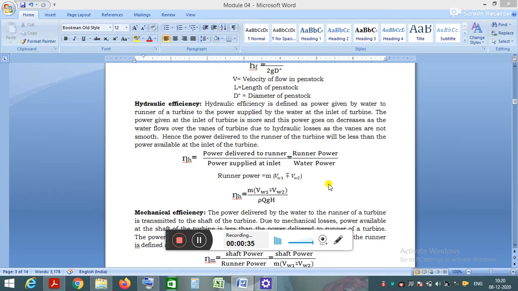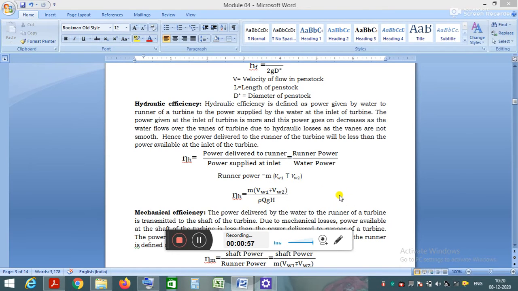Then we discussed the basic components of a hydroelectric power plant. What is meant by head, what is total head, and what is the effective head that acts on a turbine.